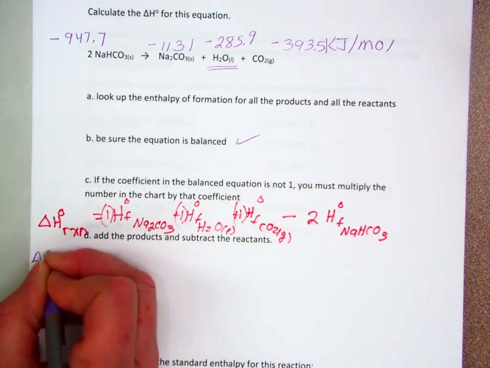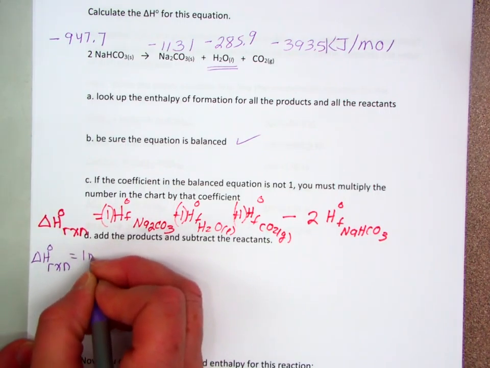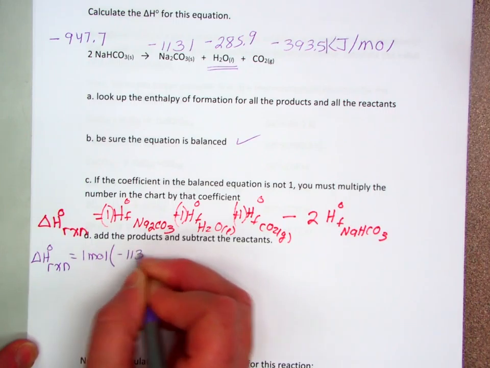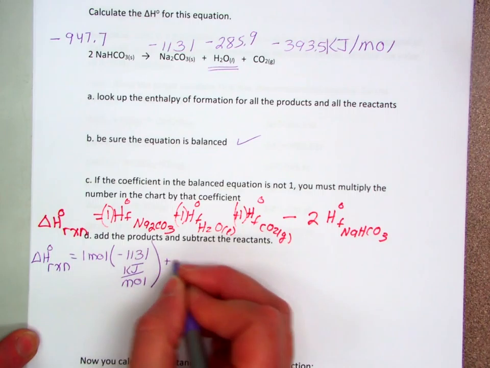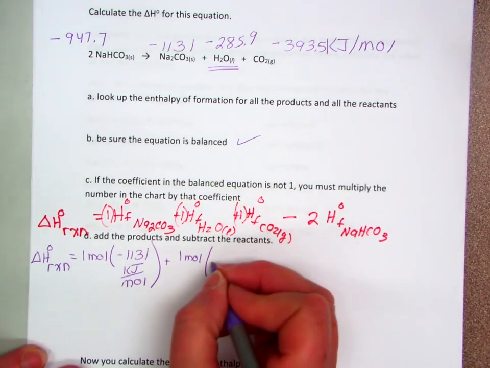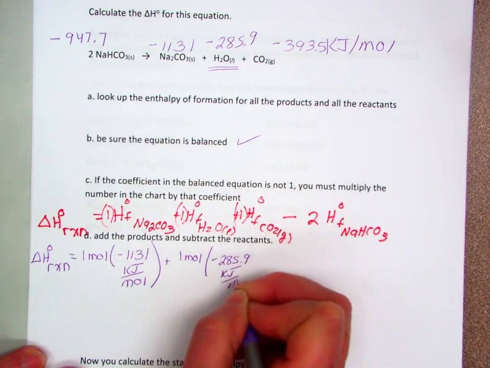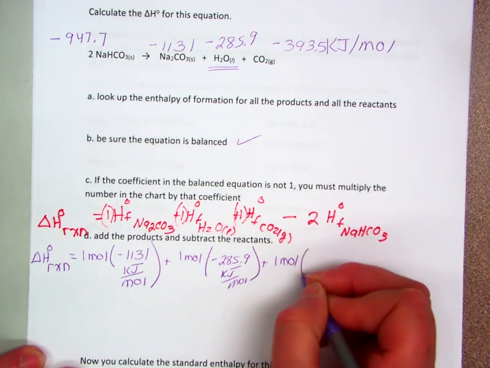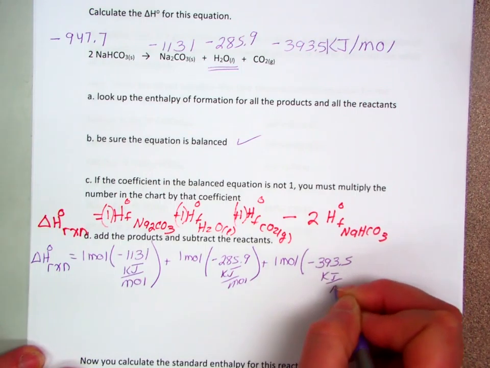We know the standard enthalpy of reaction is equal to 1 mole of sodium carbonate times negative 1131 kilojoules per mole plus 1 mole of water times negative 285.9 kilojoules per mole plus 1 mole of CO2 times negative 393.5 kilojoules per mole.